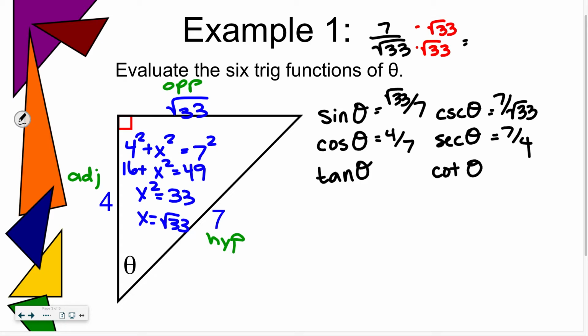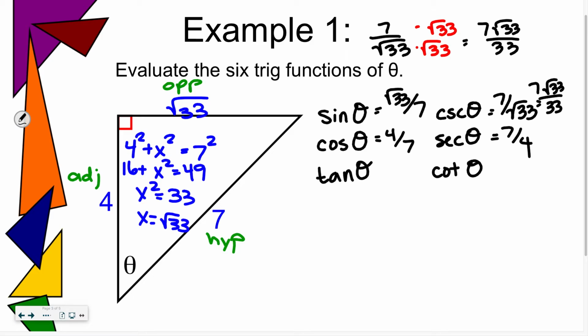Then your answer on the top will be 7 square root 33. And on the bottom, remember, it doesn't just disappear. Square root 33 times square root 33 is 33. Squeeze that in. This is really great because in this chapter, you'll get really good at rationalizing denominators. Some people maybe won't always have to do all that work. They'll be able to see, just looking at a radical in the denominator, what it will look like in the end.